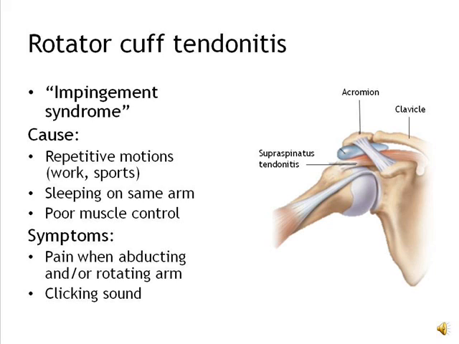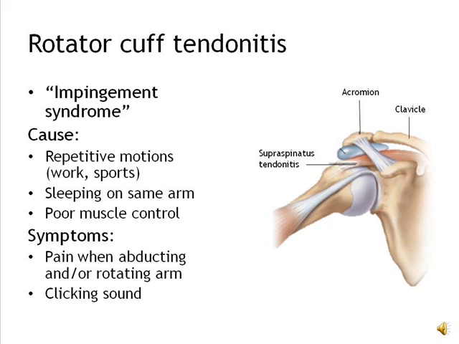Impingement syndrome occurs when there's an inflammation between the top of the humerus and the acromion. So between these bones lie the tendons of the rotator cuff and the bursa that protects these tendons. In normal cases, these tendons should slide effortlessly through the space. In some people, this space becomes too narrow for normal motion, and what happens is that the tendons and bursa become inflamed.